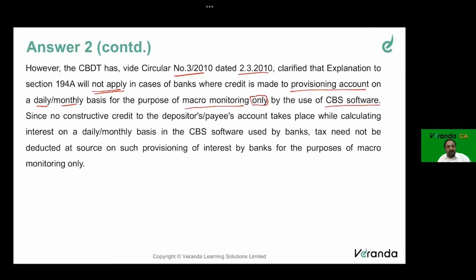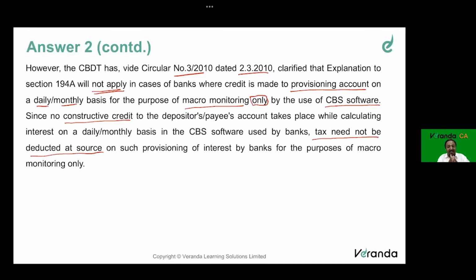Whatever we read in Maya Bank applies to this. Since there is no constructive credit, when you say constructive credit, it is actually not going into the holder's account. It takes place by calculating in the CBS software, so tax need not be deducted at source. Whatever you are doing is an internal process.